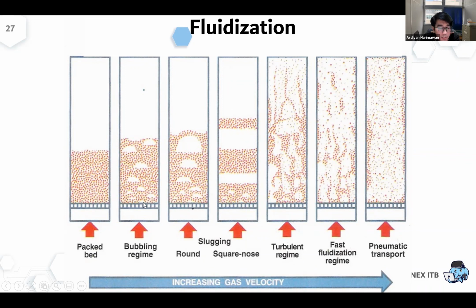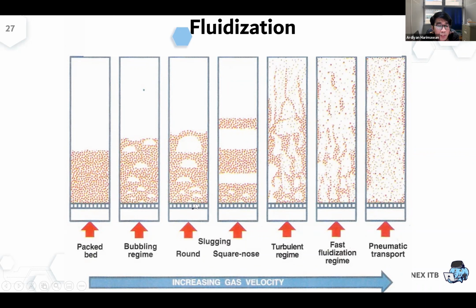But once the gas velocity is increasing, we can expect that some solid particles will move with the gas, but some still remain in position.